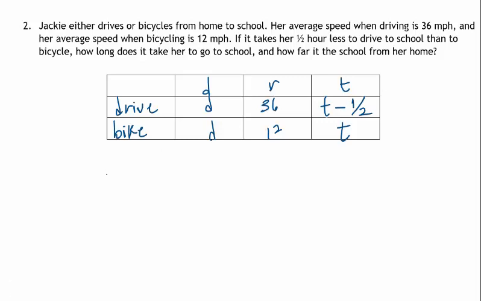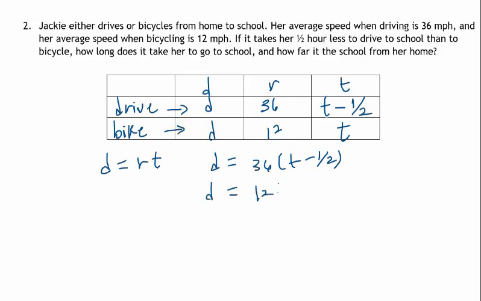Okay, well, we also have a formula relating distance, rate, and time, and that distance is equal to rate times time. So for the first equation, we get D, just kind of go across this first row. D is equal to 36 times t minus a half. And then the second equation, we can form another one using this other row.